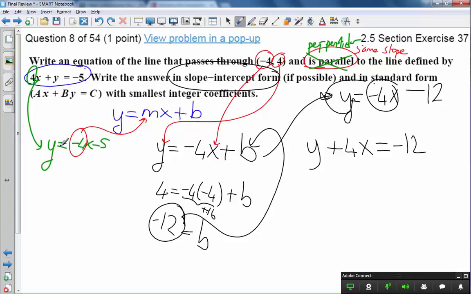We don't take the slope the same anymore; we flip and take the opposite of it. Perpendicular lines have reciprocal slopes with an opposite sign. So you take the reciprocal of negative 4, which is negative 1 over 4, but you also flip the sign to positive. So this is going to be 1 over 4.